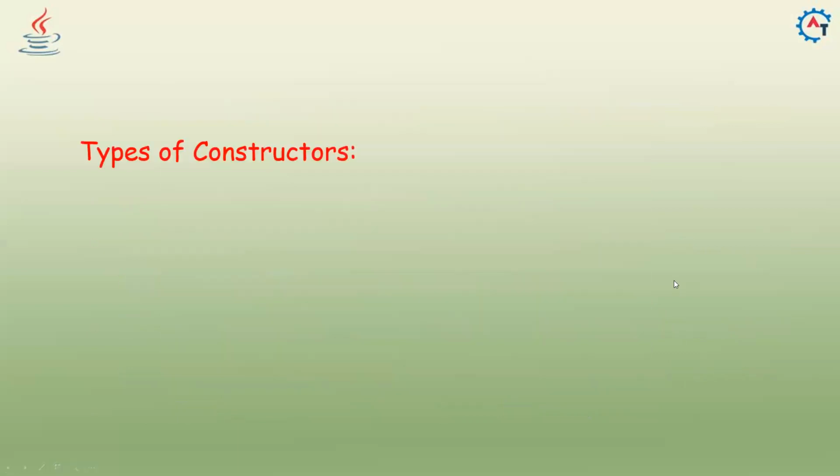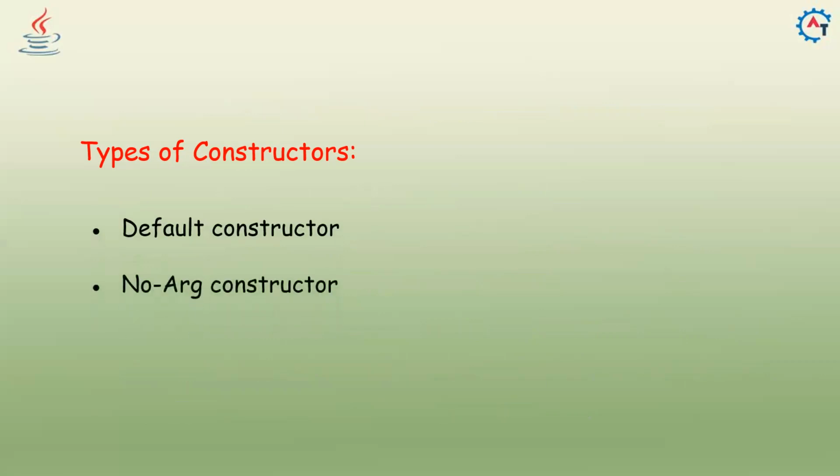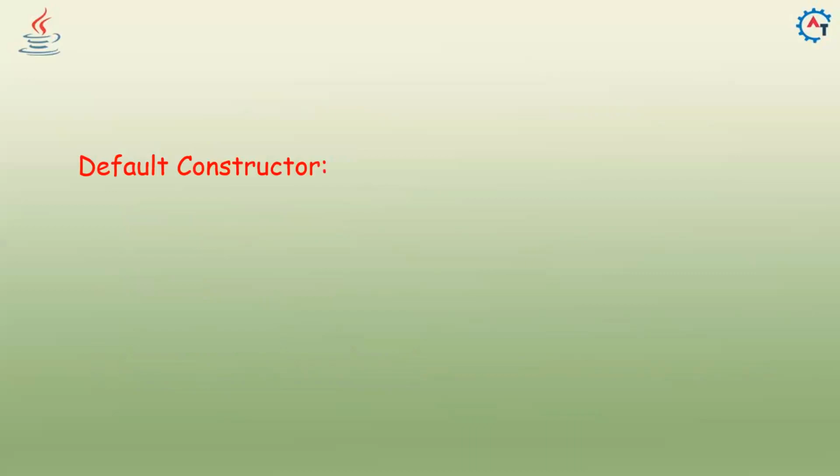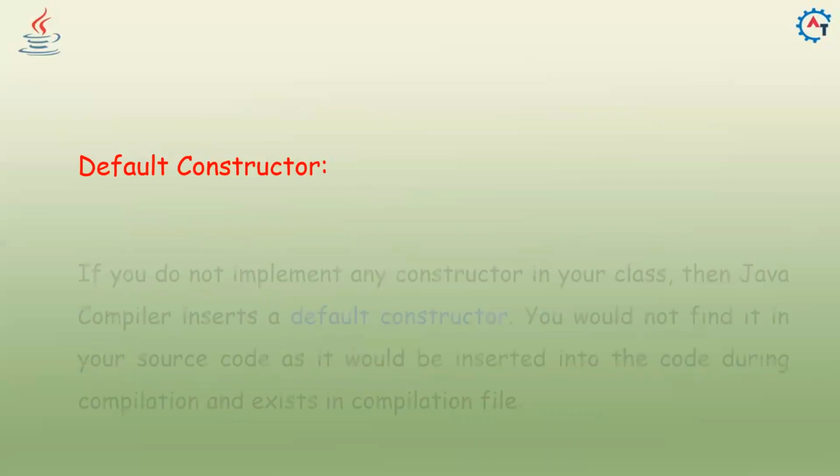We have a few types of constructors: default constructor, no argument constructor, and parameterized constructor. These three constructors we will discuss in detail in our upcoming videos. So what is a default constructor?